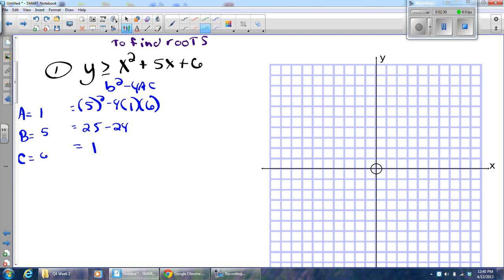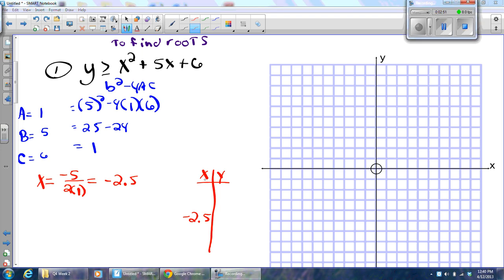So now I'm going to go and find the vertex. I'm going to do x equals the negative of b over 2a, which is going to end up being negative 2.5. And I'm going to need a t-table to help me get the y-coordinate. I know that the x-coordinate is negative 2.5, and my y-coordinate is going to be negative 0.25.